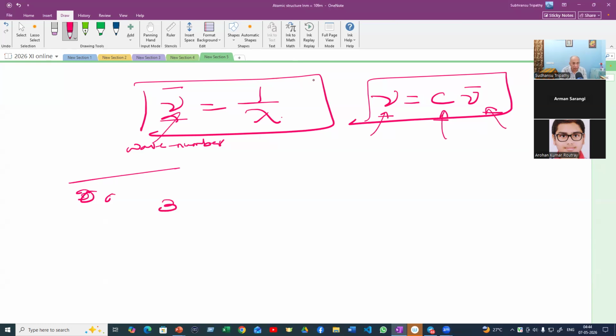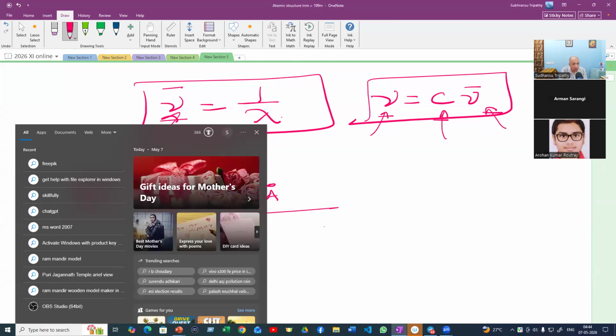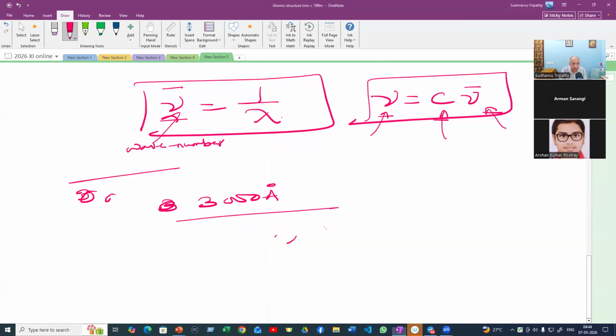So supposing I give you a 3000 angstrom radiation. I want you to find out its nu and nu bar. Quickly find out.